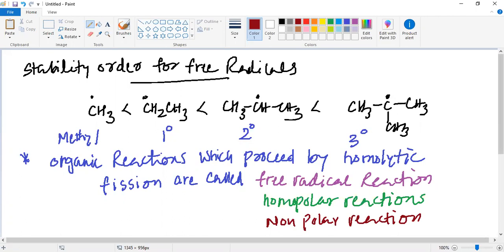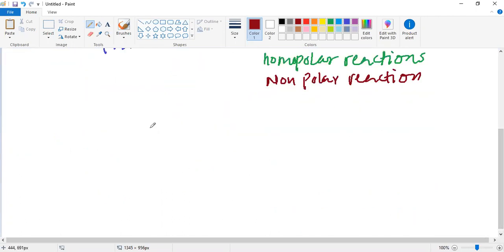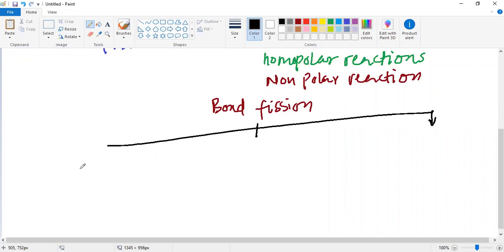So my dear students, we have studied about bond fission. This bond fission is of two types. One was homolytic, another was heterolytic.